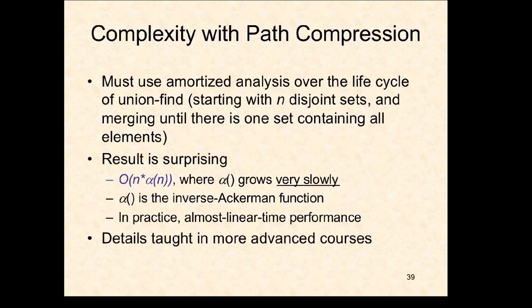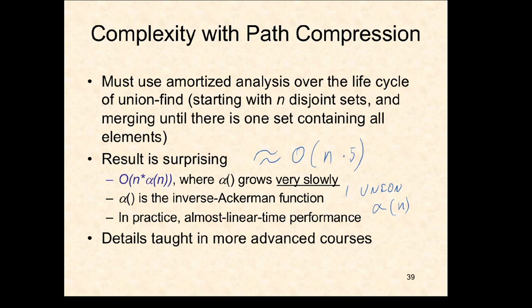So what this is saying is basically this is approximately equal to O of n times 5 for the entire life cycle, to go from n disjoint sets up to one superset of everything is O of n times alpha of n, which means that basically the cost of one union is alpha of n, due to all of the things that we did.